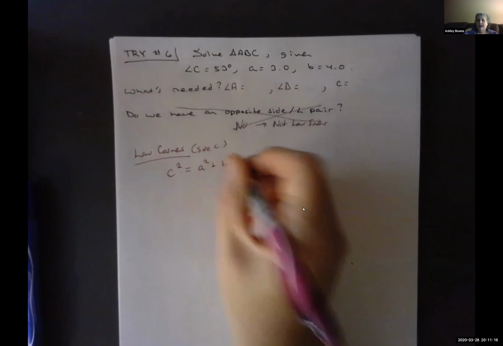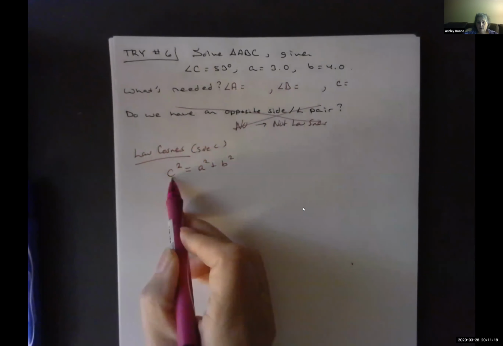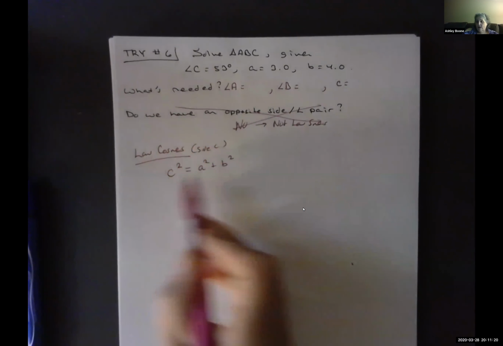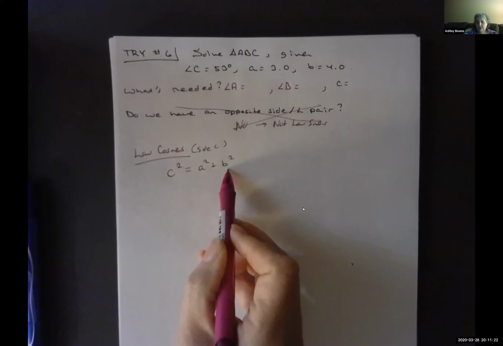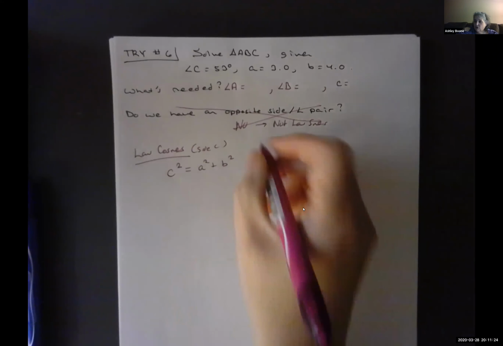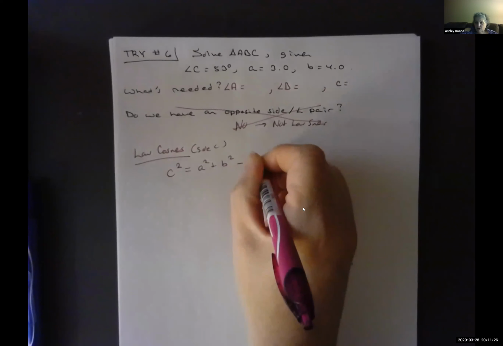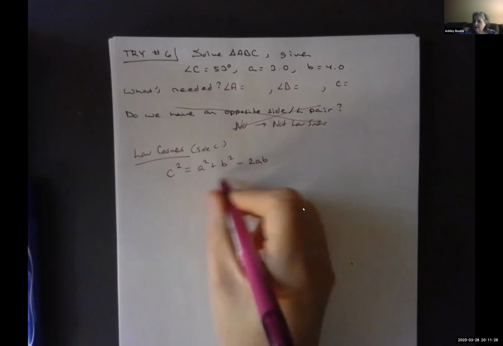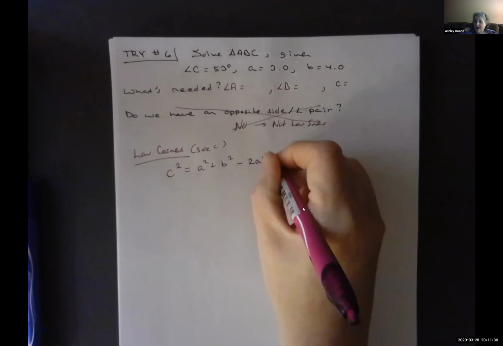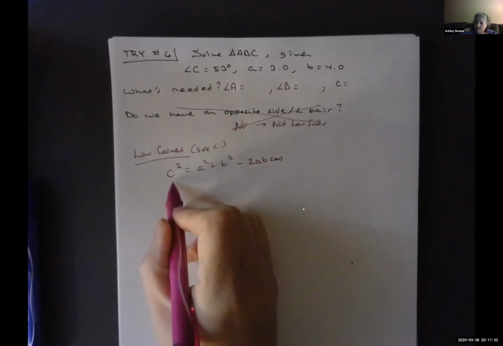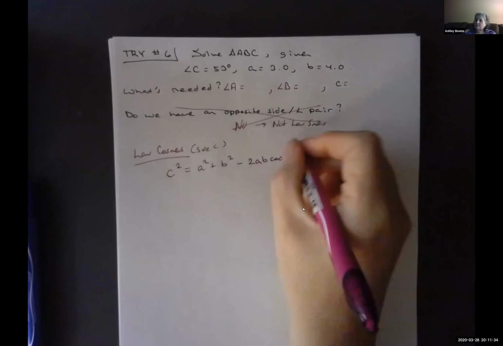So you take the side that you're looking for squared, take the square of each of the other two sides, add them together, subtract twice the product of the two other sides, times the cosine of the angle that's opposite the side you're looking for. So that would be cosine of C.